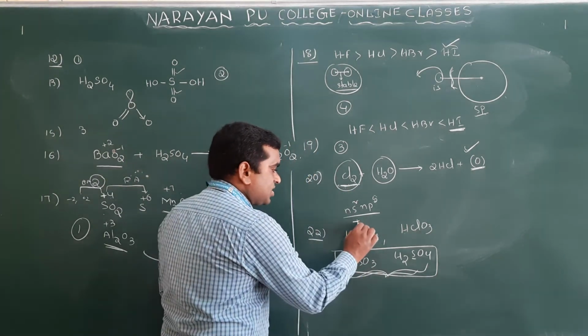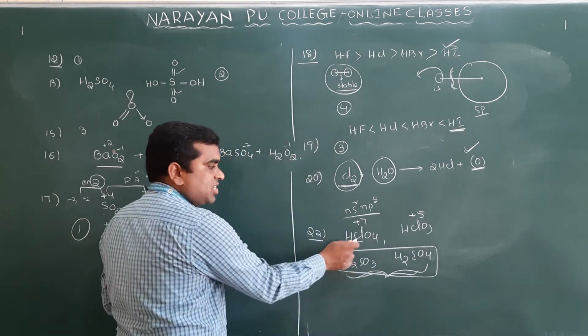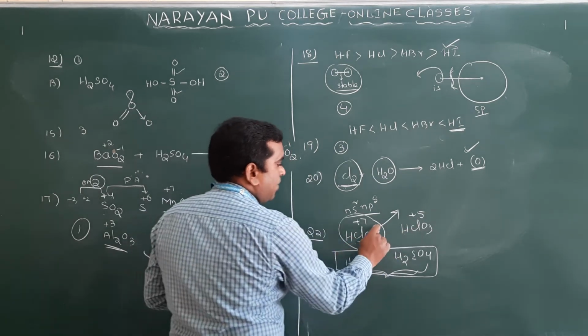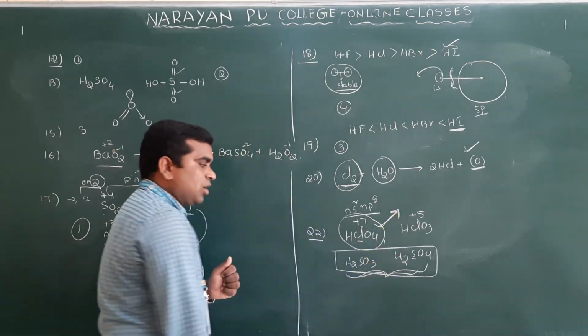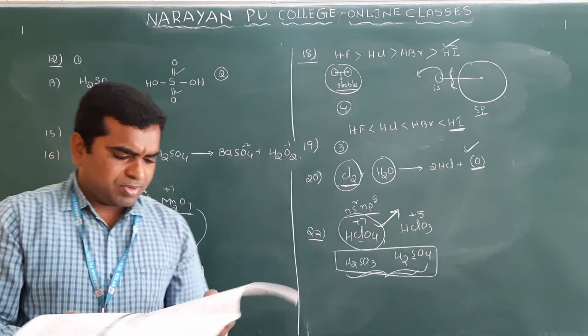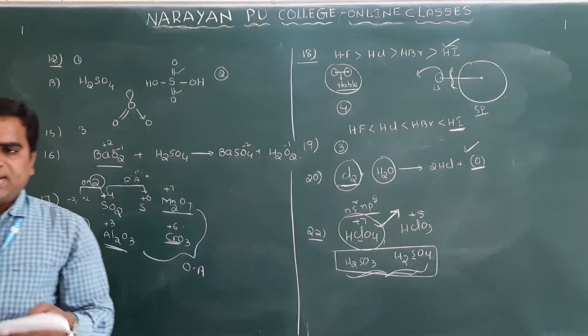What is the oxidation state here? +7. And here? +5. So the one with +7 is more acidic. Among these, perchloric acid is the most acidic. So for question 22, option 1 is the correct one.